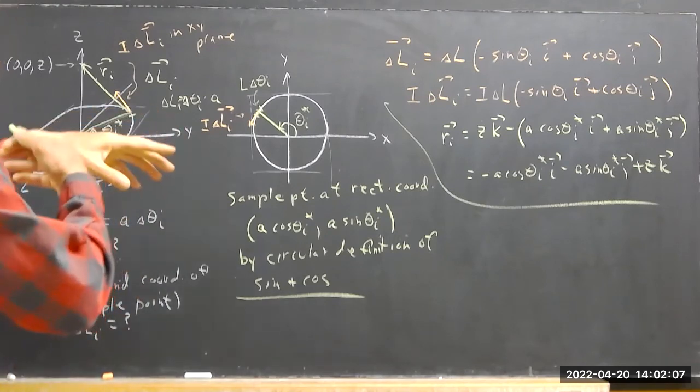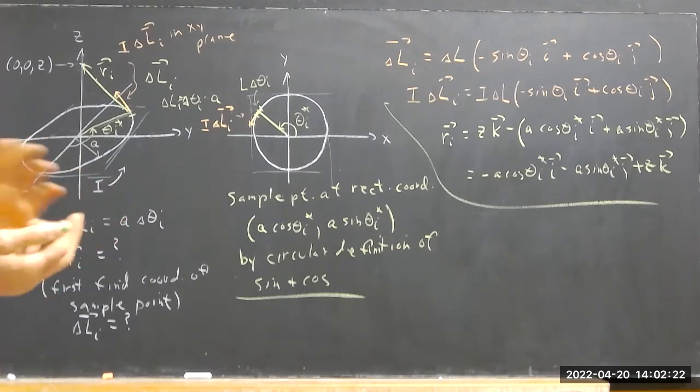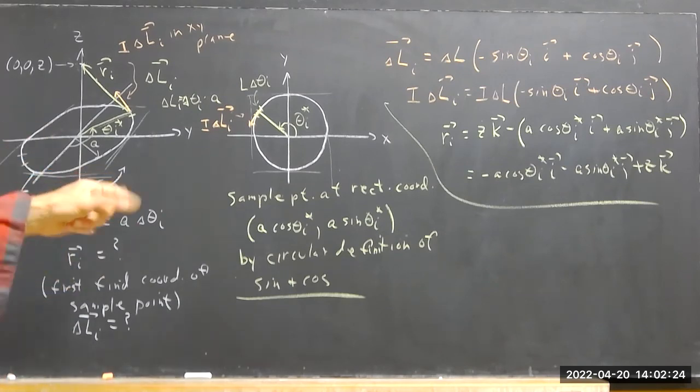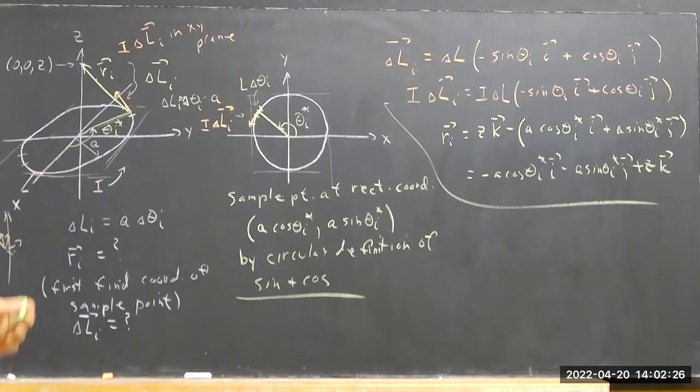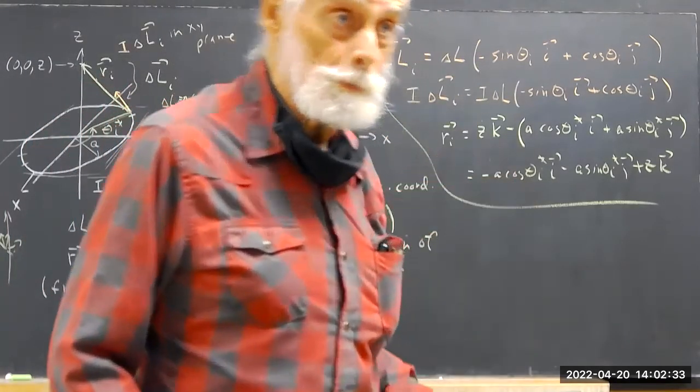So the xy components will cancel out. Your picture is going to kind of look like this around the z axis, and everything in this direction cancels everything in this direction, leaving you just this direction. So you really only have to worry about the z component of what you get when you do this cross product.